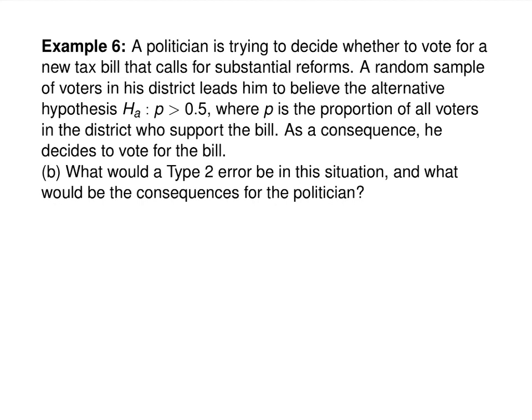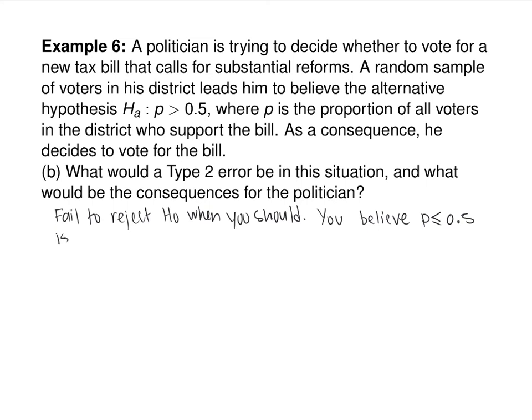What would a type 2 error be? Well, this would be when you fail to reject H naught when you should. So what you have here is you believe that p less than or equal to 0.5 is possible.